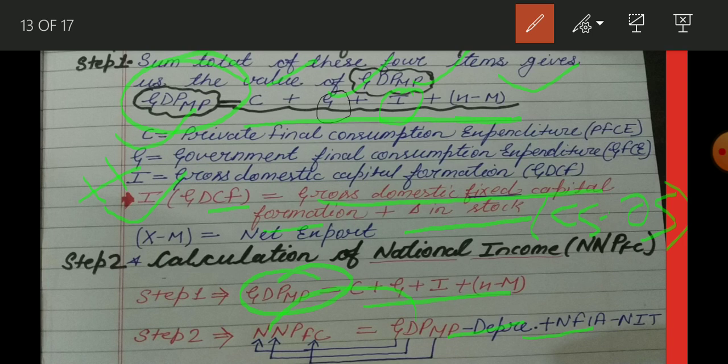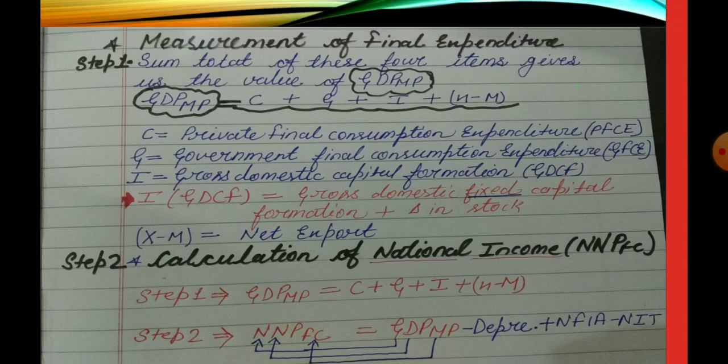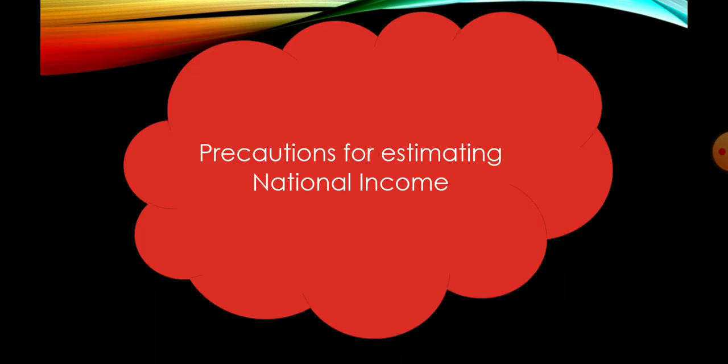When moving from MP to FC, we subtract NIT. So this is the way we calculate national income by the expenditure method. First step, add C plus G plus I plus X minus M. After that, once you have the value of GDP MP, make the adjustments and you get NNP FC.